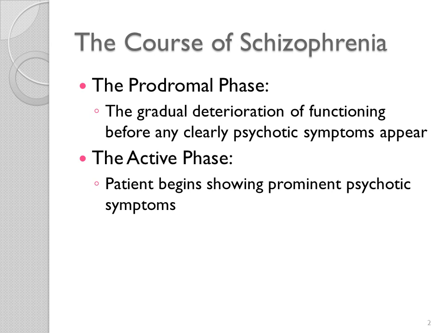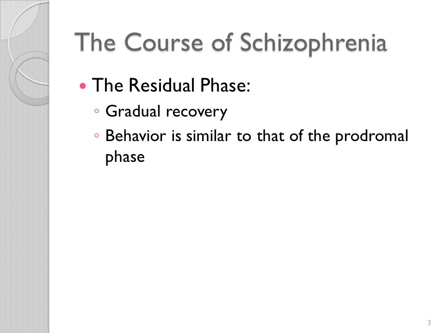And during this phase, the patient likely shows some prominent symptoms of schizophrenia. Following that is the residual phase. So during the residual phase, the patient shows behavior that is similar to the prodromal phase, such as blunted or flat affect.